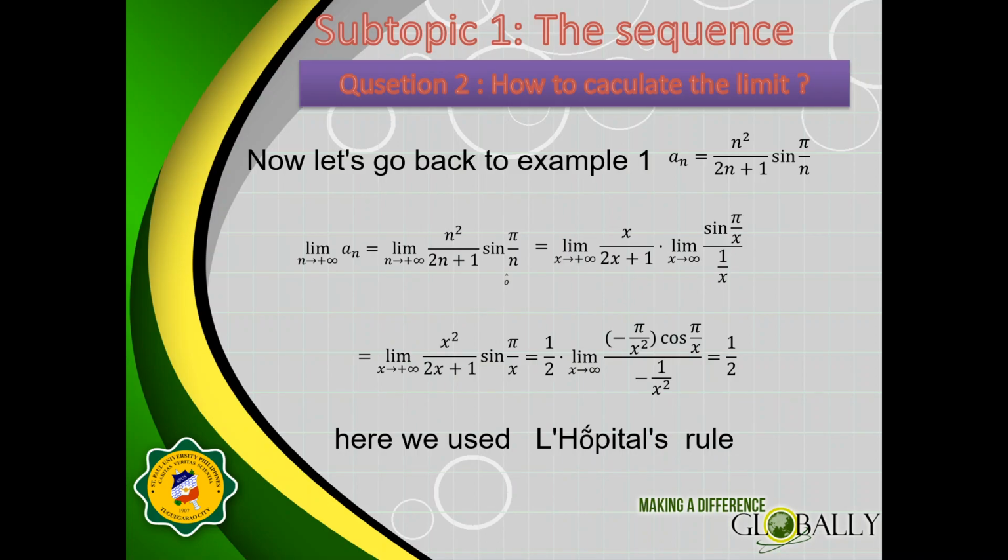Here we use the theorem, and we use L'Hopital's rule in the last step.